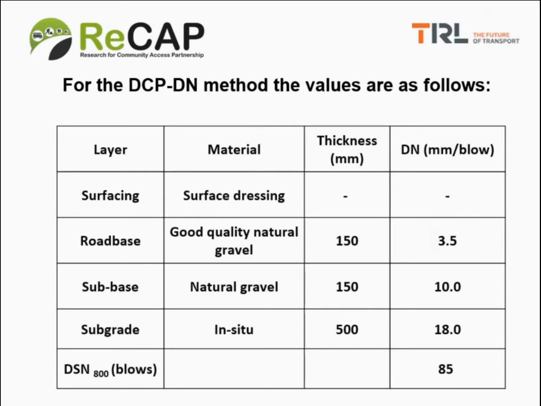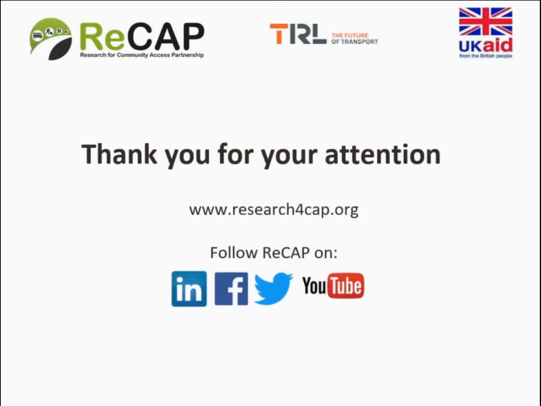It's not far off the specification, and we have a relatively adequate subgrade beneath it of 500 millimeters for the DN per blow of 18.0. And if you check the overall DSN 800 of that structure, you'll find that it is greater than the specified minimum of 73. So basically, although the natural gravel subbase is not quite up to spec, the overall structure we believe is fine.